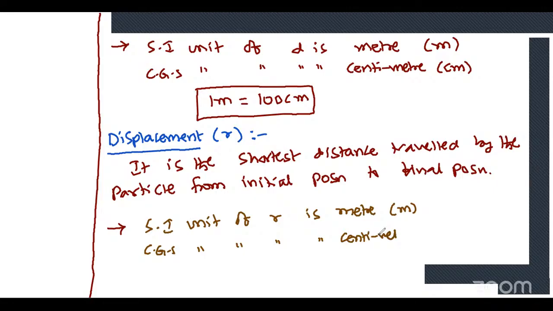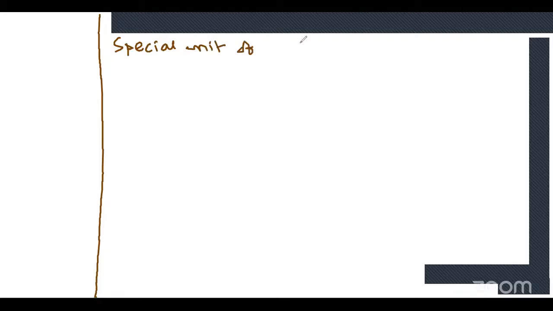And the special unit of distance or displacement is kilometer.